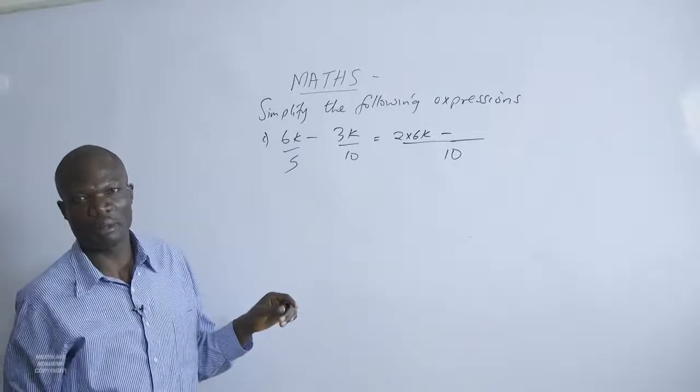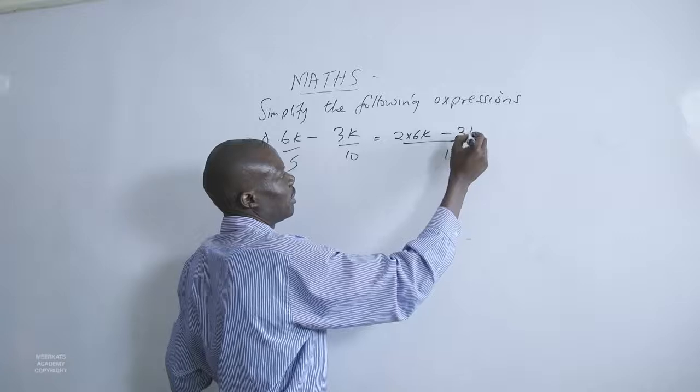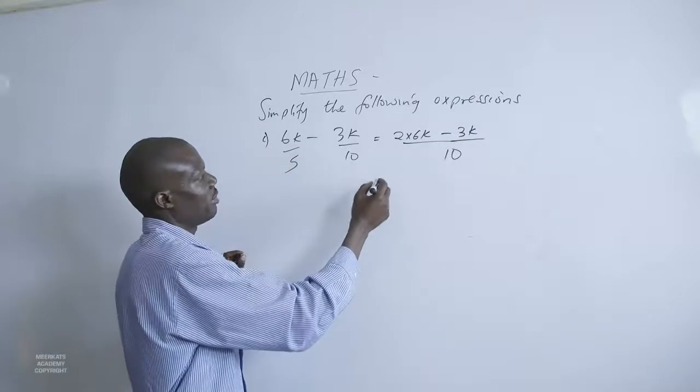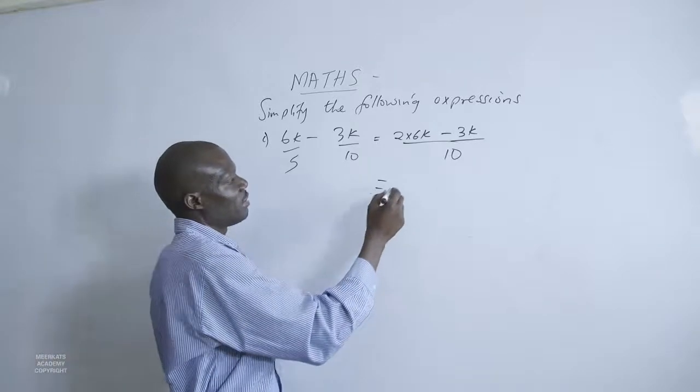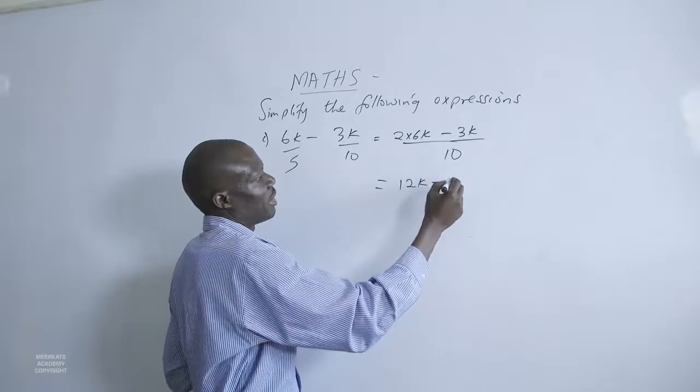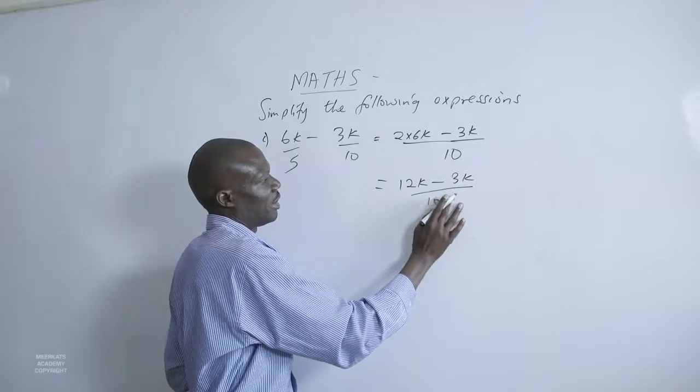Then 10 divided by 10 is 1, then 1 times 3k is 3k. So moving ahead, 2 times 6k gives us 12k minus 3k, over 10.